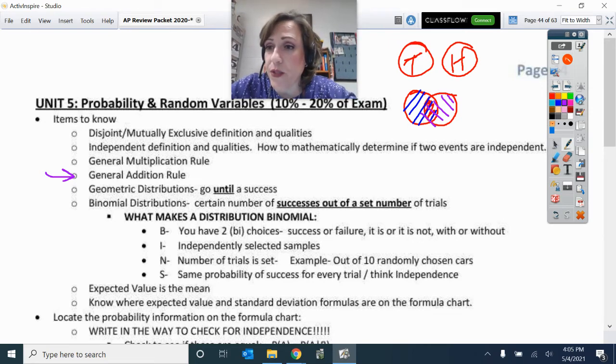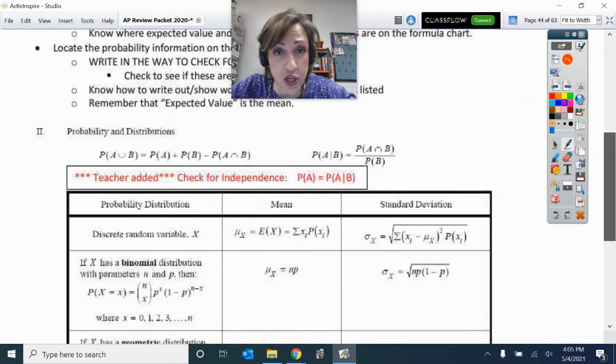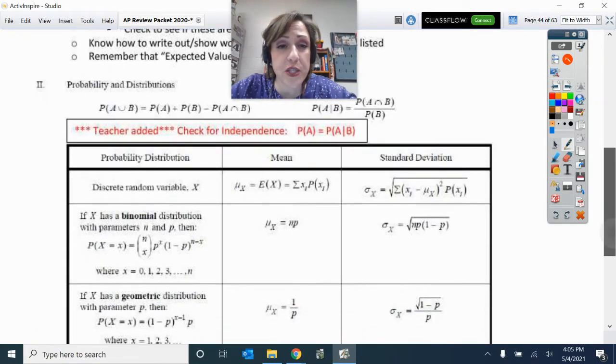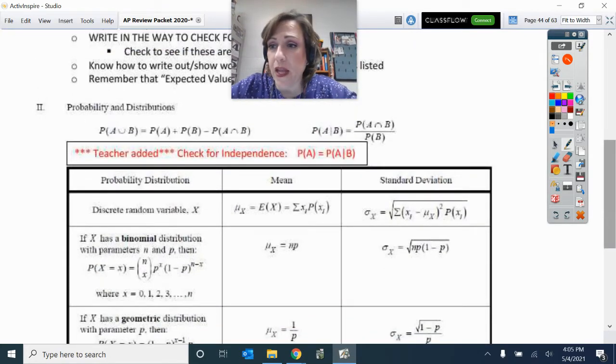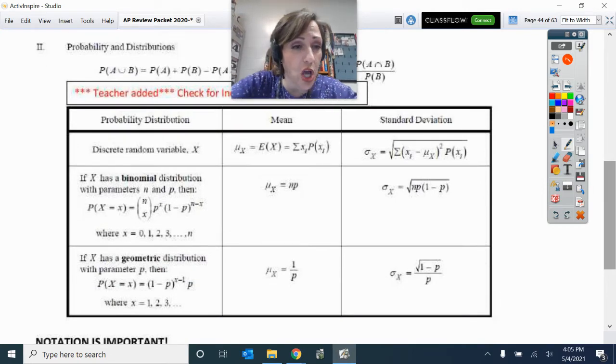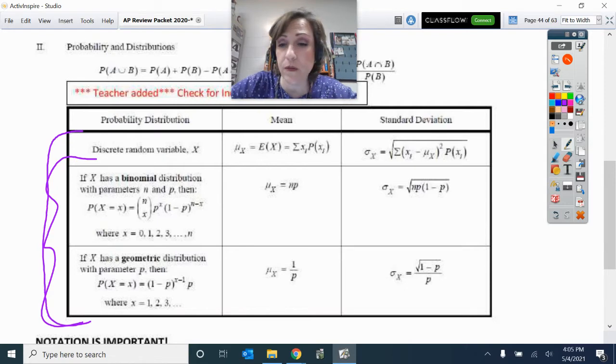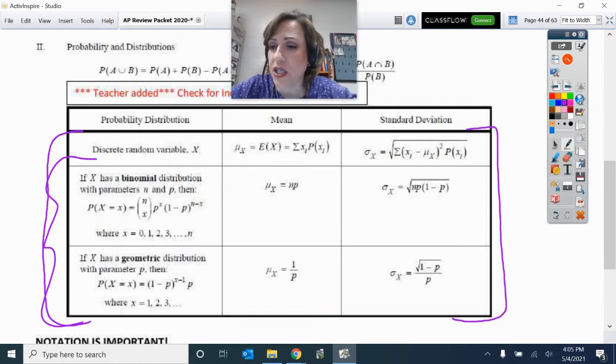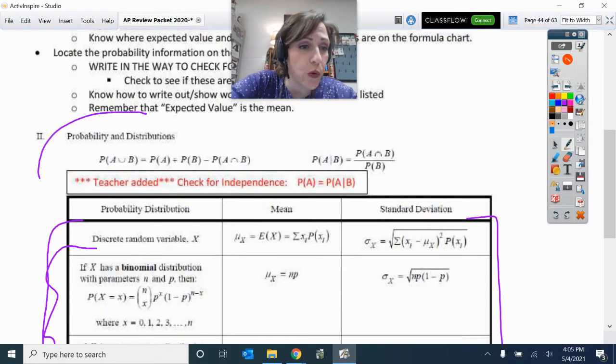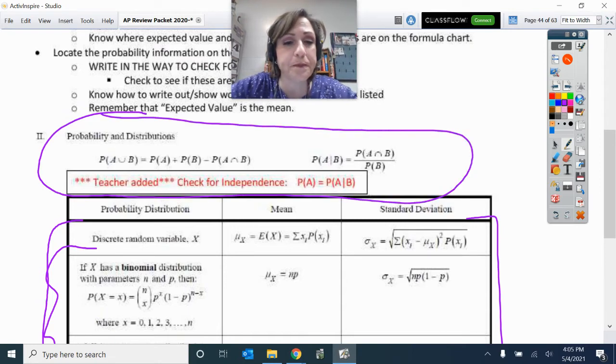Let's go down to what it looks like on your formula chart. So here's the probability section. We will talk about these binomials and the discrete random variables tomorrow, but here we're going to be dealing with this today.